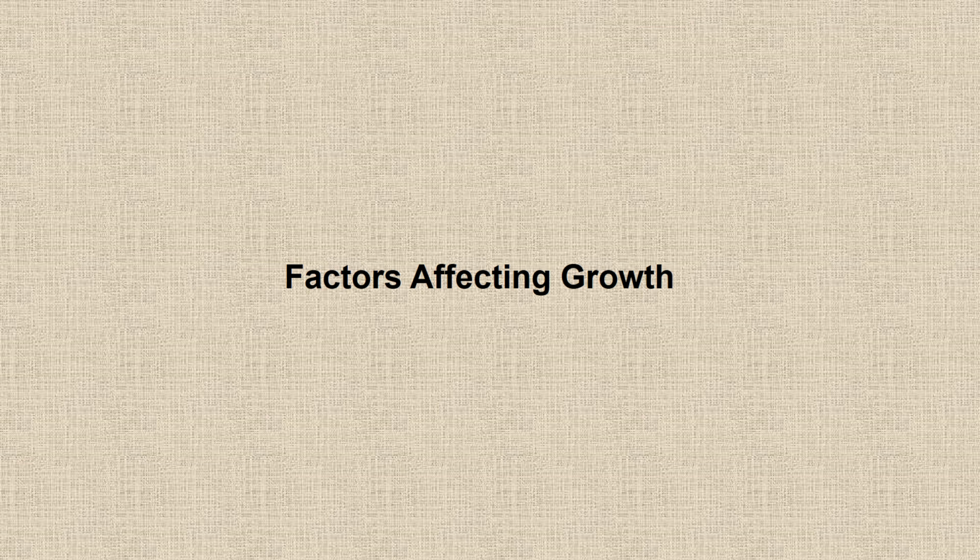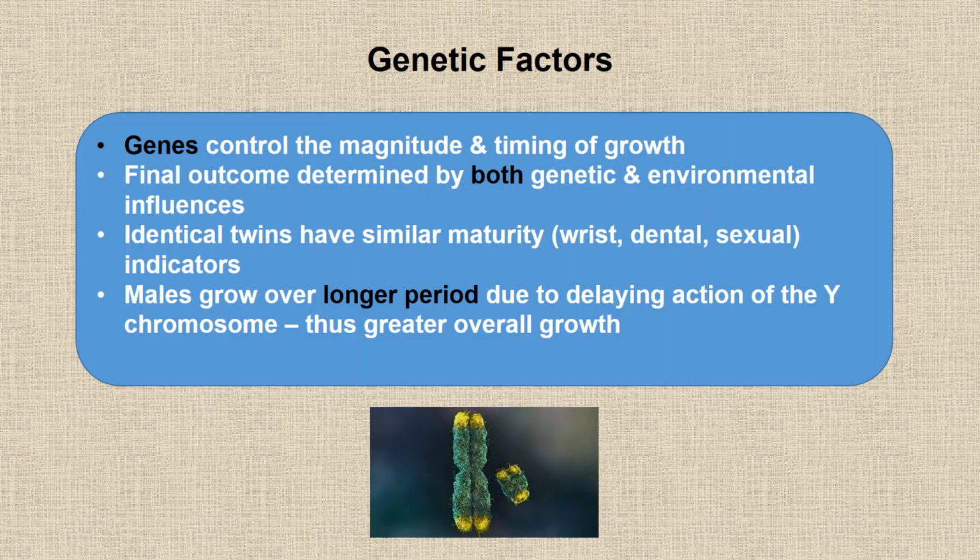Now, let's have a look at the factors affecting growth. Genetic factors: genes control the magnitude and timing of growth, but the final outcome is determined by both genetic and environmental influences.